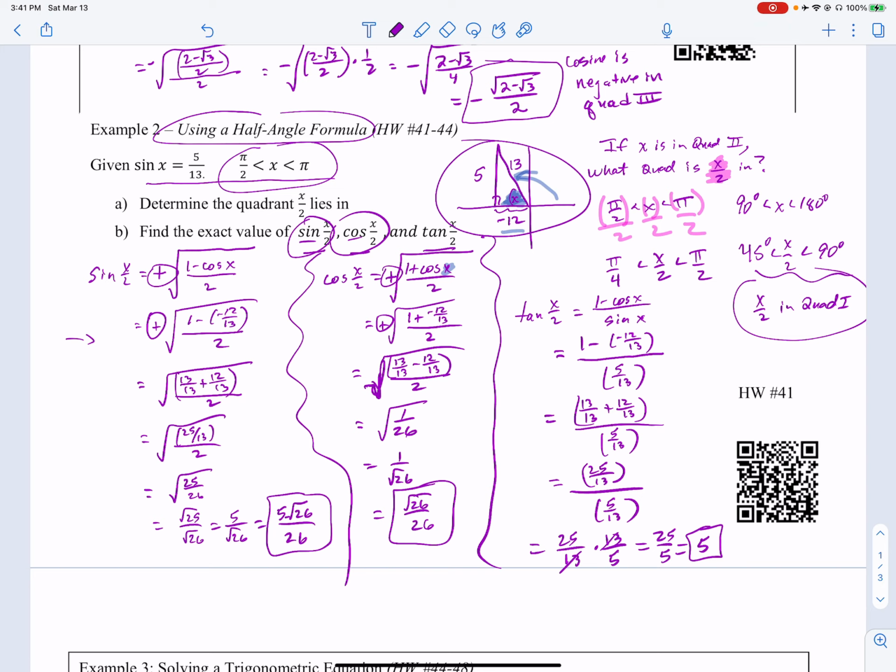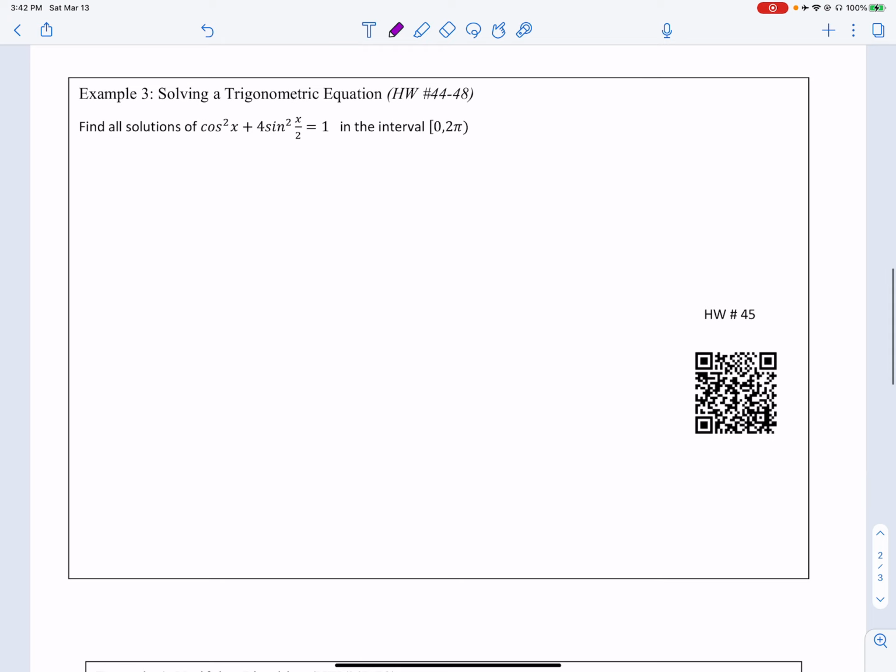So you might want to look through all that again and hear through it because there's a little bit more going on there. All right, example 3. Solving using half angles. So just as in day 1, you need the angles to be at the same level.